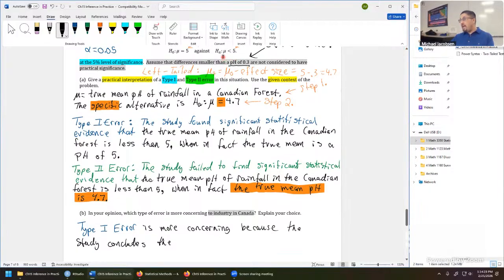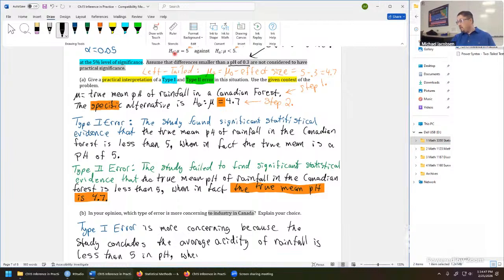So we're going to conclude that the average acidity of rainfall is less than 5 in pH when the null hypothesis is true, when it is actually at a pH of 5.